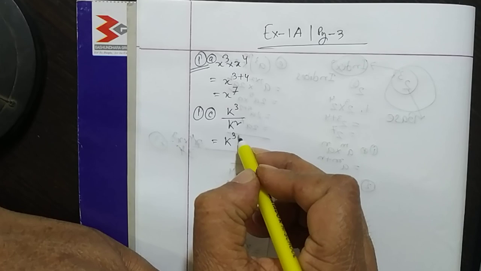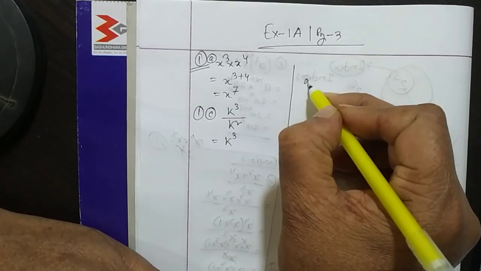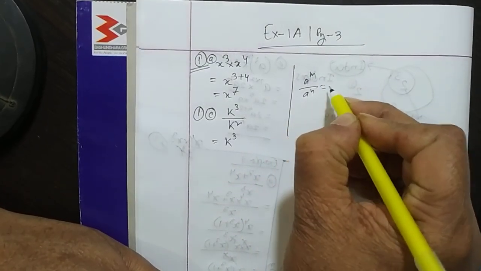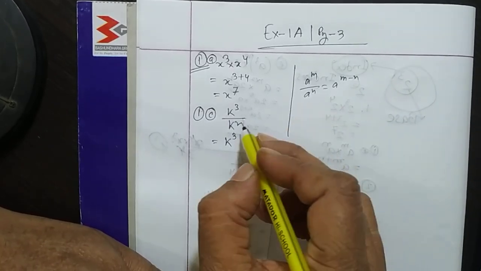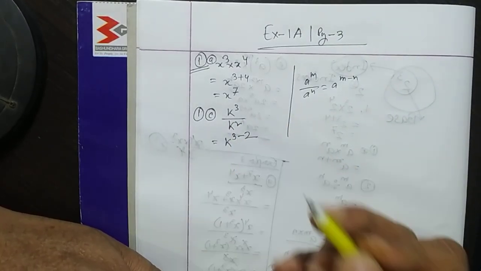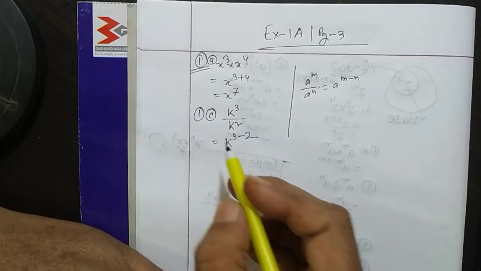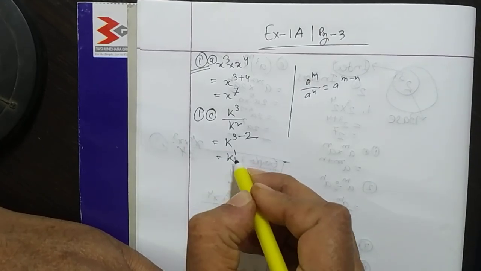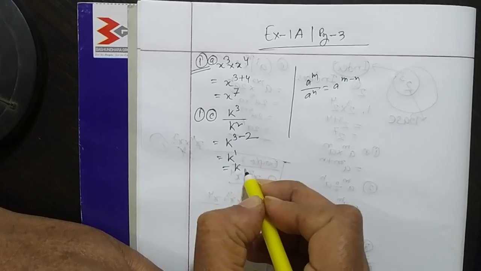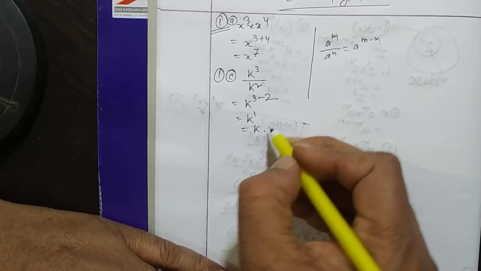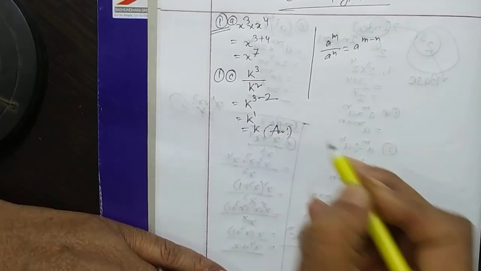Even if you directly follow the rule a to the power m divided by a to the power n, directly you can write a to the power m minus n. So according to that rule, you can write k to the power of 3 minus 2, that is k to the power of 1, and if you have 1 as power, then you don't need to put that one. This is the answer.